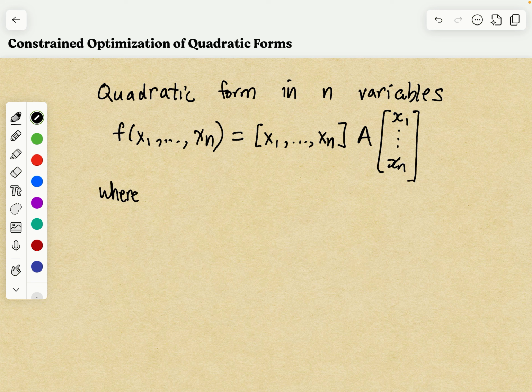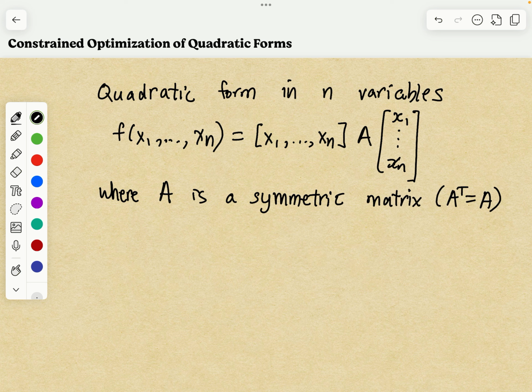Where A is a symmetric matrix. And just in case you don't remember what symmetric means, it means that its transpose is equal to itself.